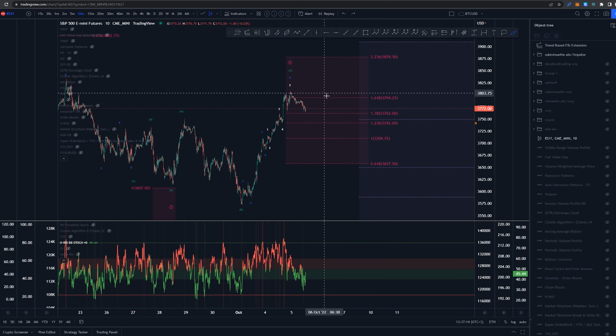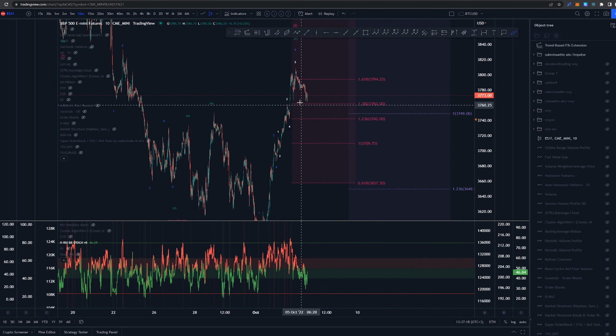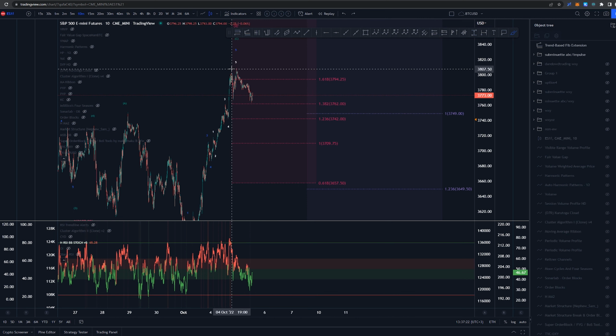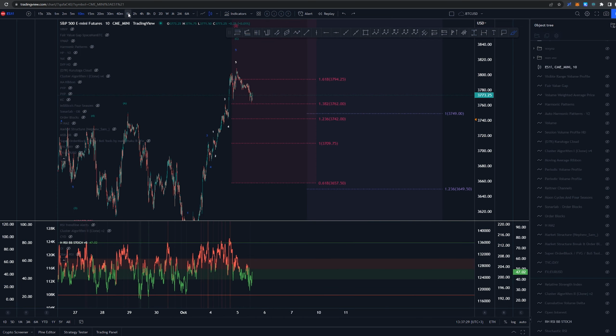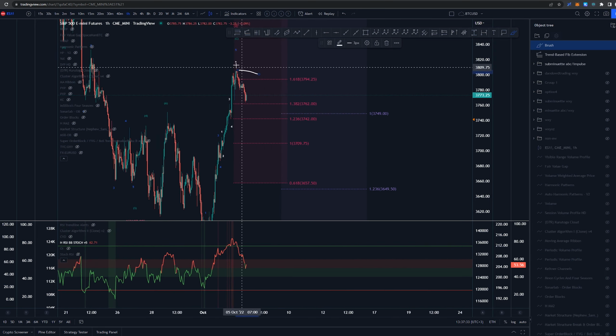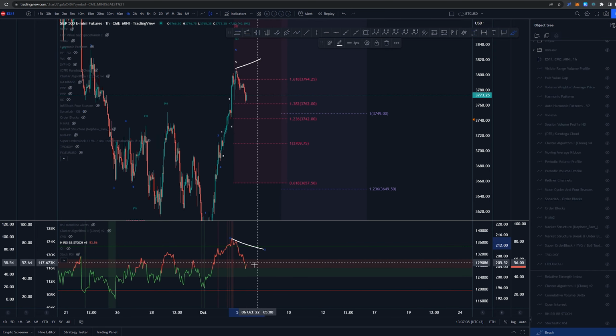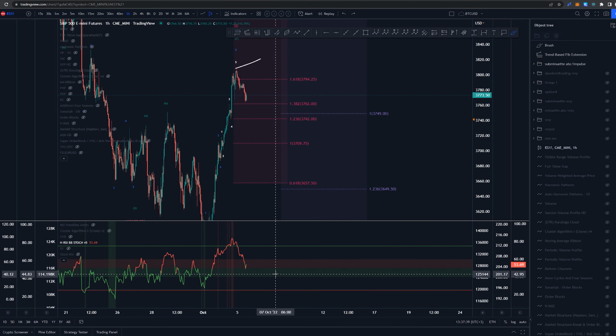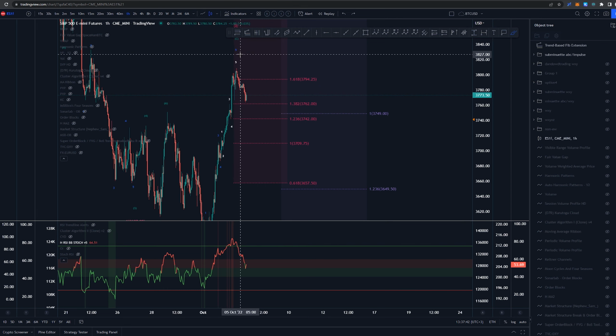But I would be looking for short setups again still here, even though this current structure looks very, very three-way-ish. So especially if we are going to be taking out these highs, I would expect even on 1 hour to get some kind of divergence going on here, creating one more high and a lower high on RSI, and that would be the end of the fifth.